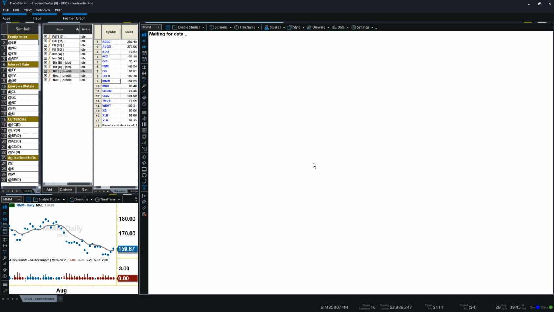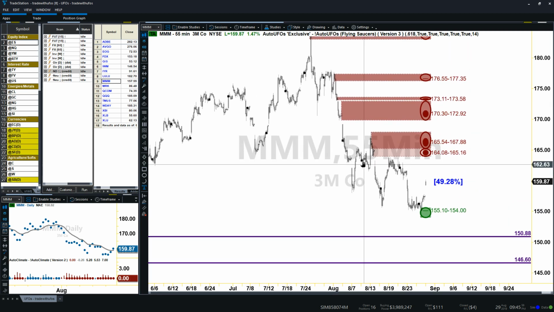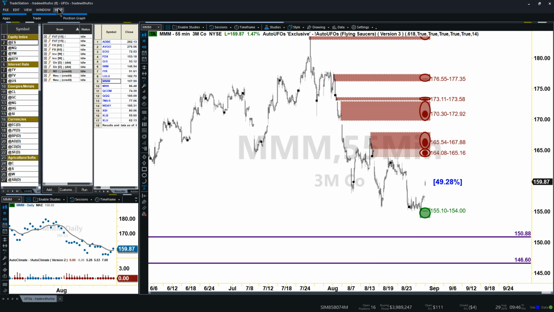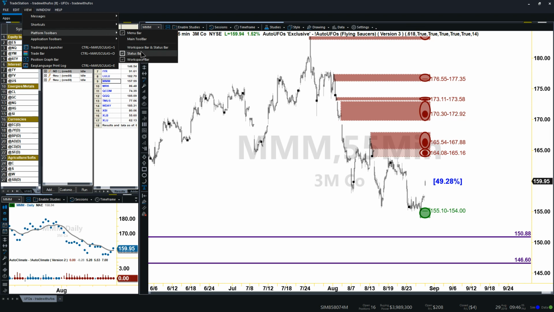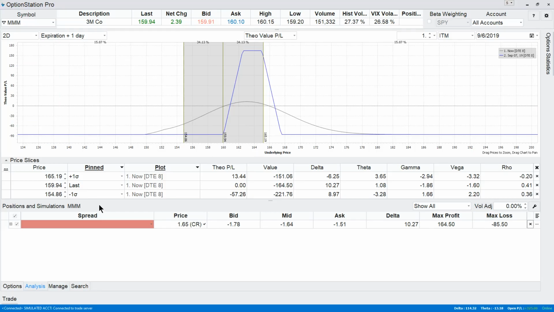Okay, here we go. So TradeStation is back in business. Okay, and I'm just gonna remove the toolbar. We don't need it. And back to OptionStation Pro with MMM.